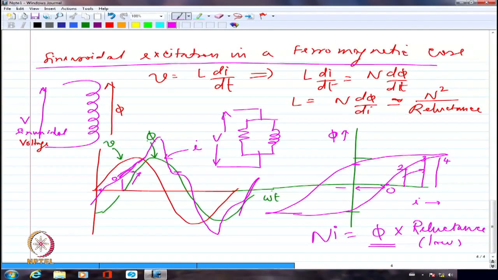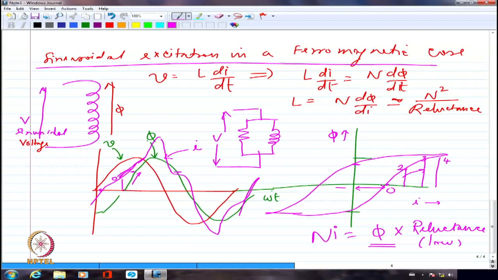So if I take a ferromagnetic core and I want to establish a particular amount of flux, the reluctance is very, very low. Because the reluctance is low, I am going to require only a smaller amount of ampere turns. The MMF required will be very, very small because the reluctance is low. So compared to that, generally the transformer will be designed for supplying a very large amount of load.